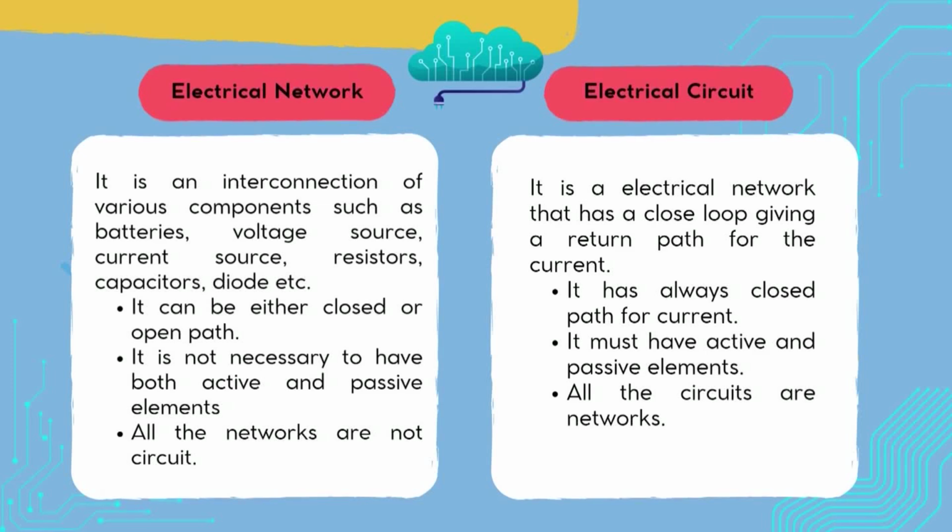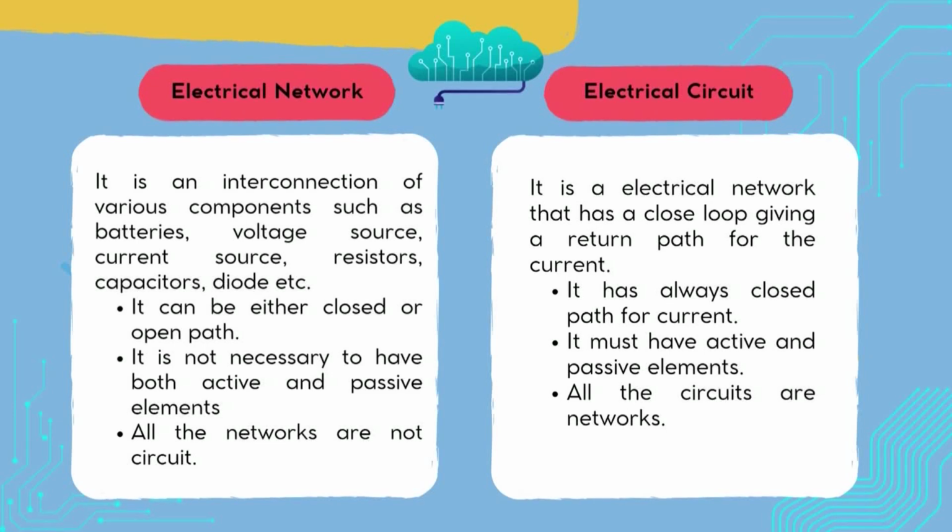So the first difference is that an electrical network can have either a closed or an open path. The switch in an electrical network may be open or closed. But an electrical circuit always has a closed path for current flow.